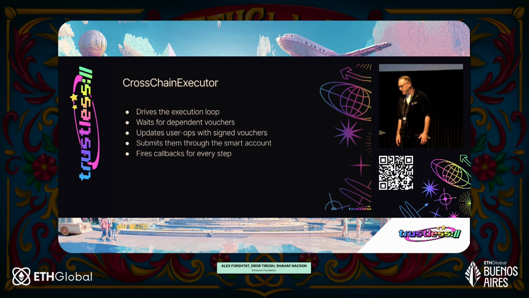Okay, now we're getting to the part where we have the execution. The cross-chain executor takes all the batches we created and converts them into user operations. It also takes all the vouchers and validates them on the destination chain, to make sure that there are providers that can provide them.